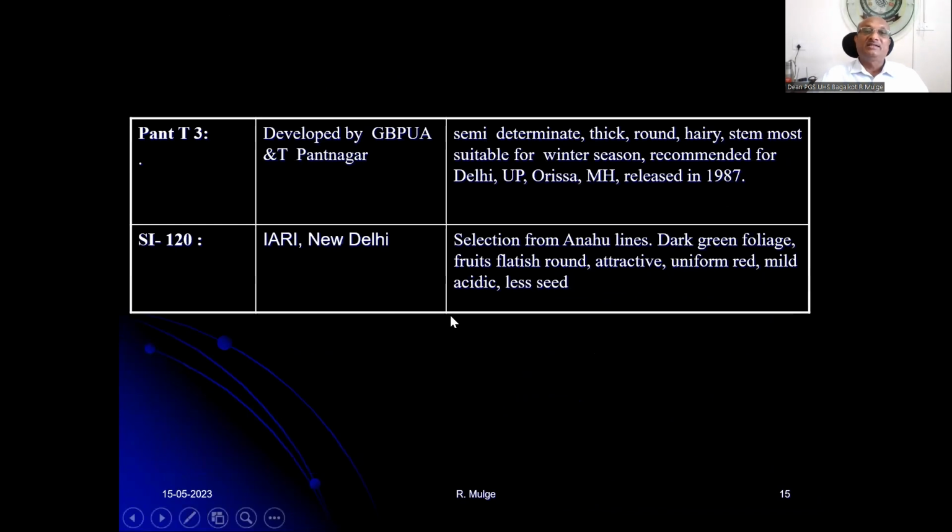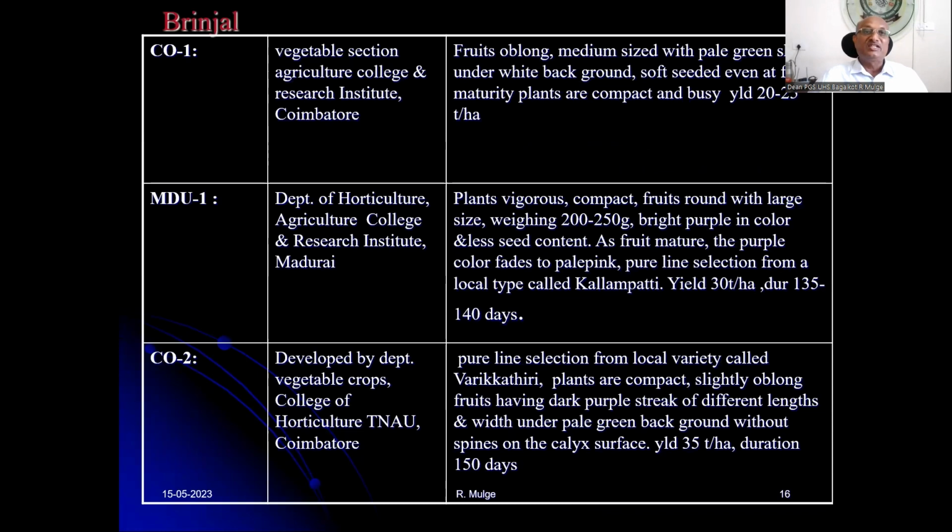So Pant T3, from Pantnagar, G.B. Pant University of Agriculture and Technology, semi-determinate, most suitable for the winter season. S120, IARI selection from the Nahu lines, dark green foliage. Then in brinjal you have got CO1, MDU1, CO2.